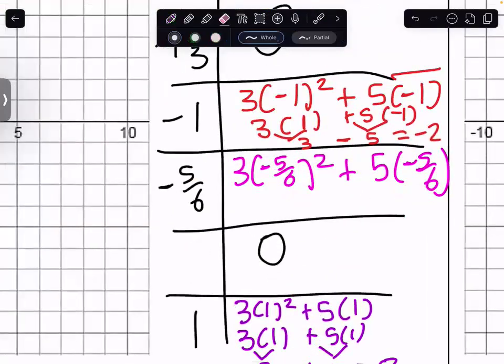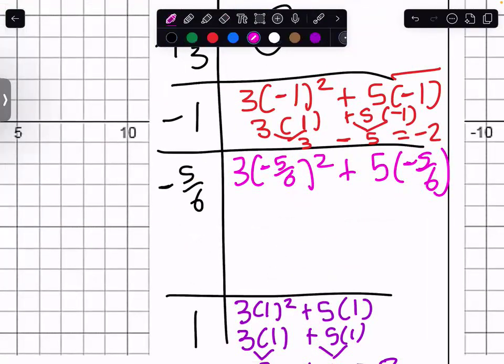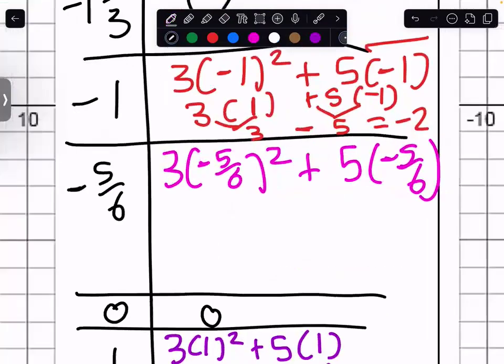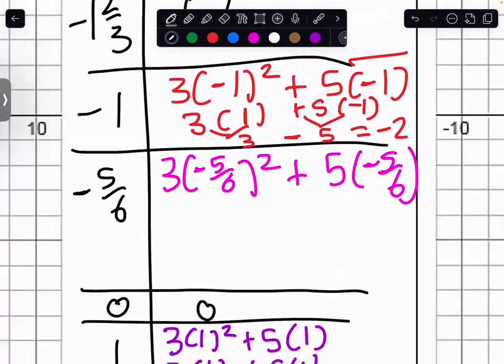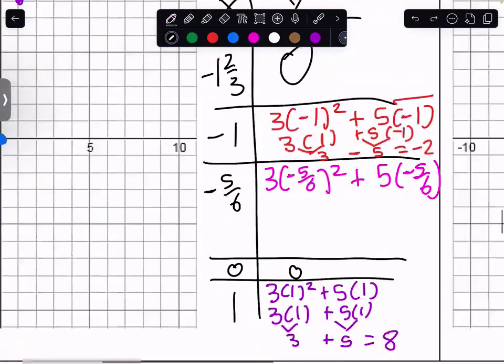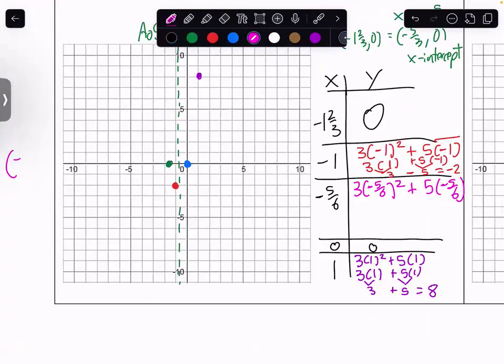Okay, I'm going to need a little bit more room. So again, same as always, you substitute the chosen x value. So what is -5/6 squared? I might do that calculation off to the side. -5/6 squared means the fraction -5/6 multiplies a second -5/6.